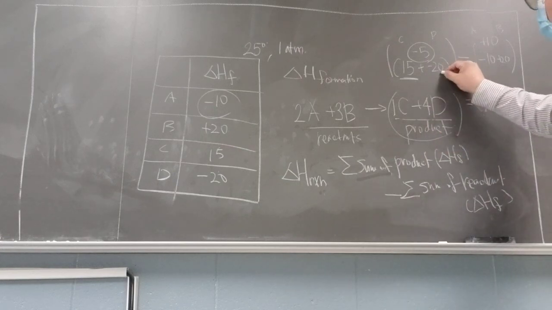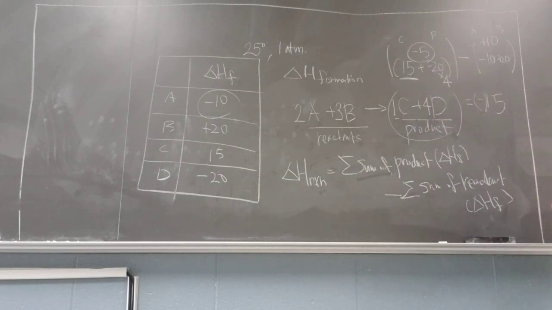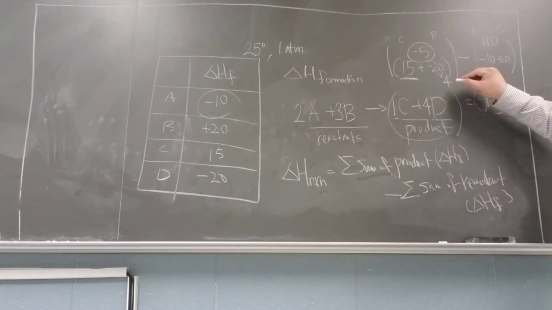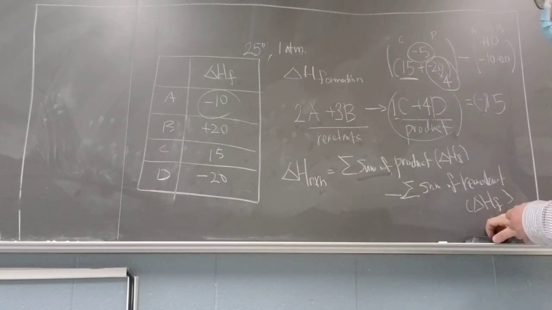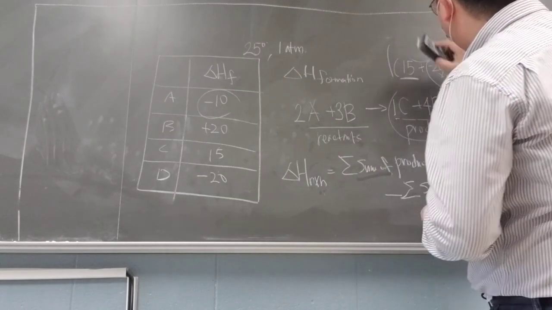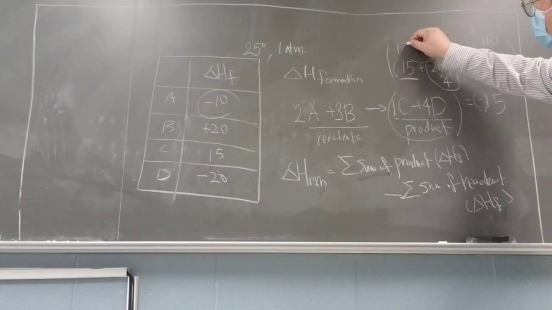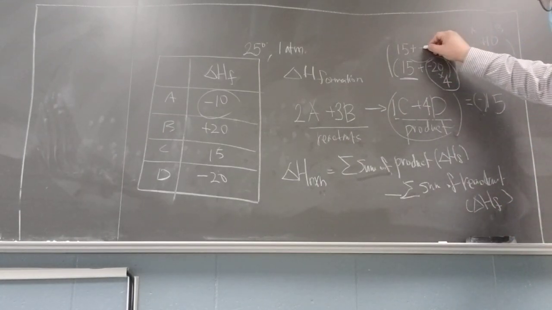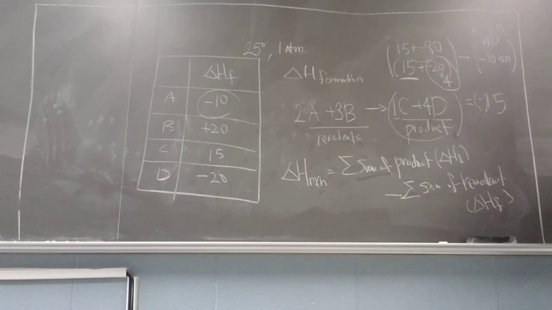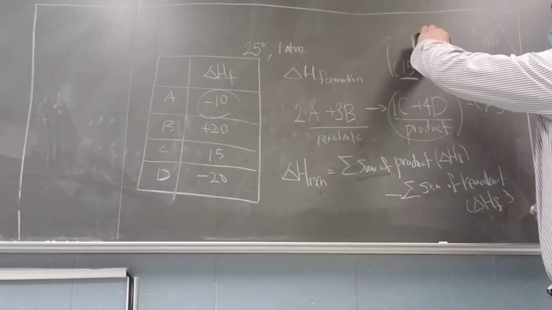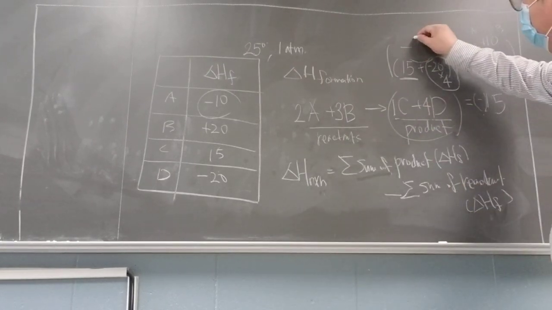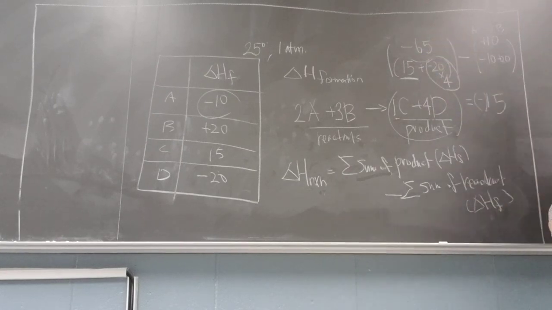So then I'm going to multiply this negative 20 by 4. So then these two will make what? 15 plus negative 80. Okay? So in sum will be what? Negative 65. Okay? Makes sense, right?